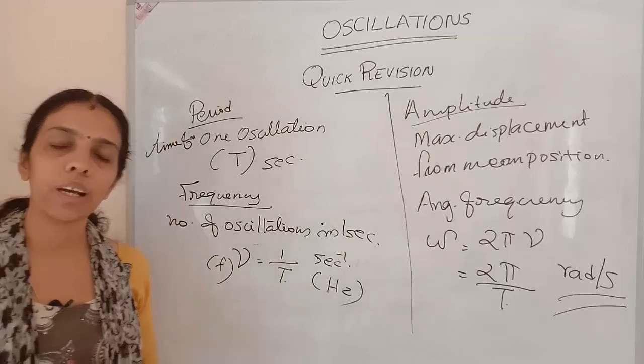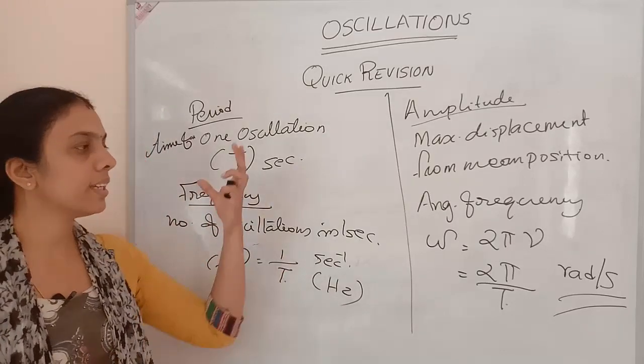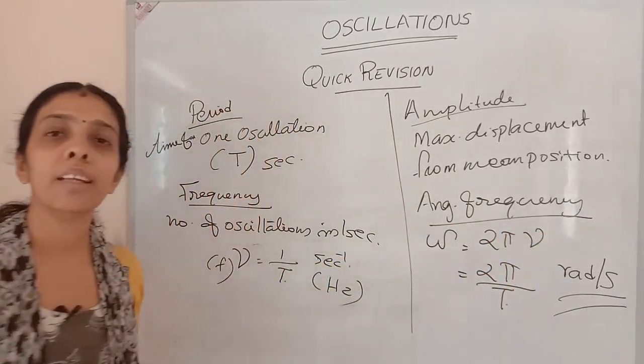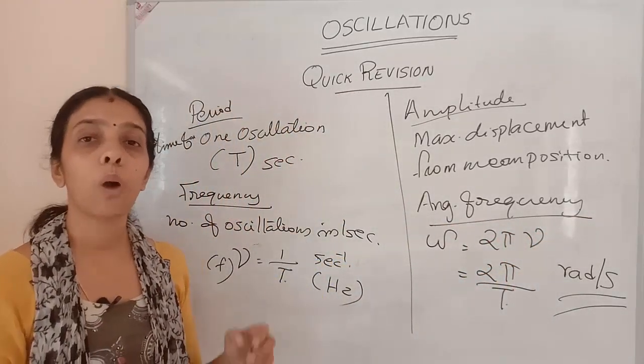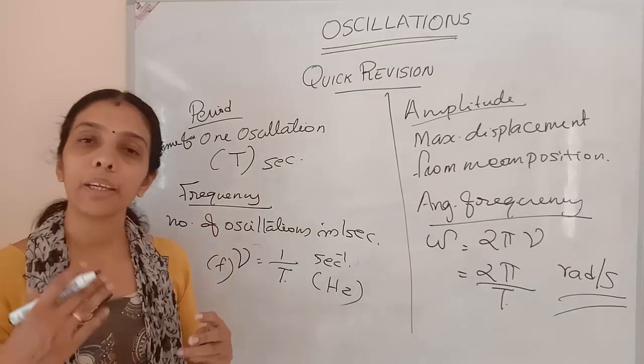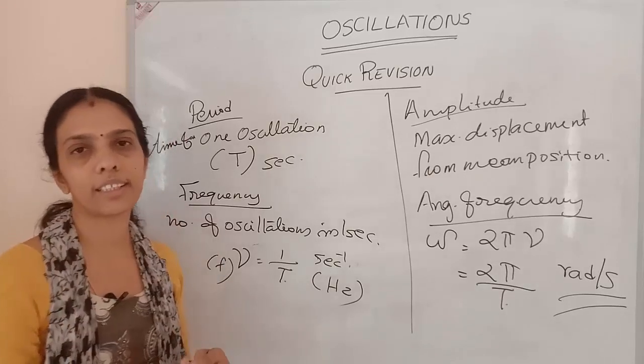So we have time period, frequency, amplitude, and angular frequency. Now we are going to find out how we can represent a periodic motion. Periodic motion means motion that repeats after a regular interval of time.